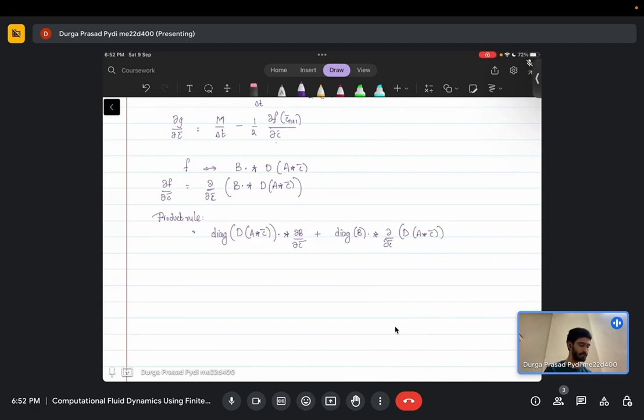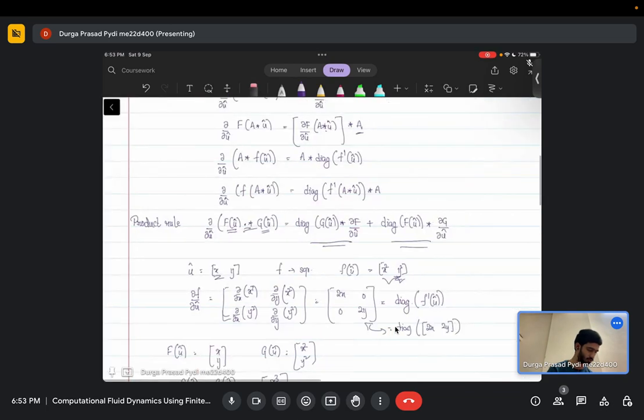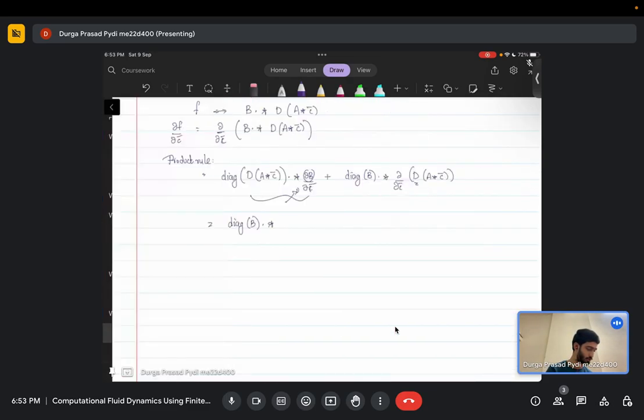Now B is essentially some constant which only depends on your location, it doesn't change here, so this particular term goes to 0. So now you are left with diag of B times, and again here we have to use this particular form. Del u hat of f of u hat, instead of f we now have diffusivity as a function of C bar, so we just use it.